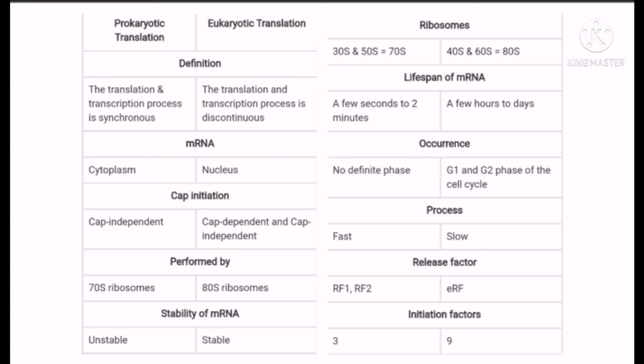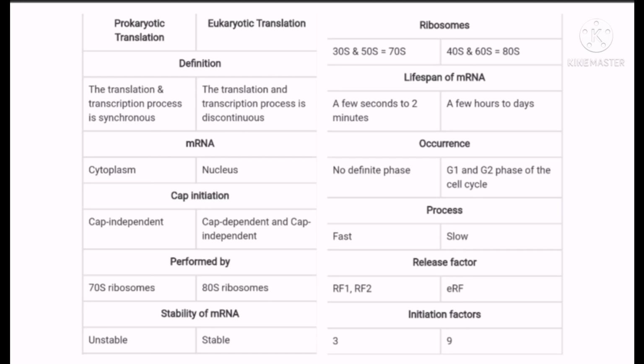In the occurrence, in prokaryotic translation, there is no definite phase, while in eukaryotic translation, the occurrence is in the G1 and G2 phase of the cell cycle. When it comes to the speed of their processes, eukaryotic translation is slower than prokaryotic translation.